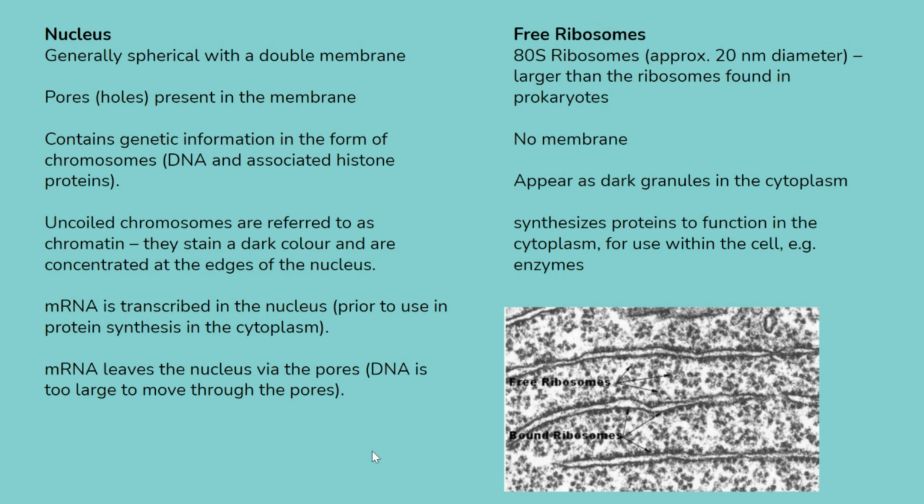So, in detail, let's go in. The nucleus is generally spherical in shape, and it is a double membraned organelle. As we go on, you will realize that certain organelles are double membraned, while certain are only single membraned. You will need to know which are which. Things like the nucleus, mitochondrion, and chloroplast are all double membrane.